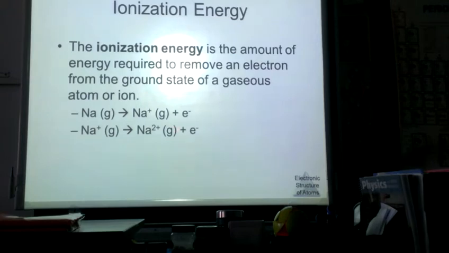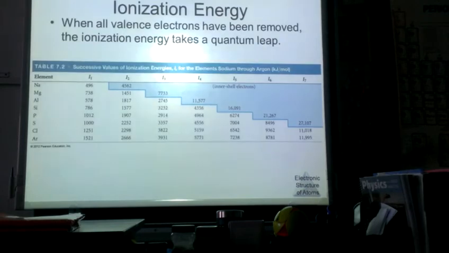We already know that. So if I want to symbolically show ionization energy as a reaction, we're going to do it this way. So this is the first ionization energy of sodium. And then the second ionization energy in terms of a symbolic reaction would be the one below. So here I have the sodium ion in gaseous form. And then if I remove another electron, I'm going to get Na2+, okay?